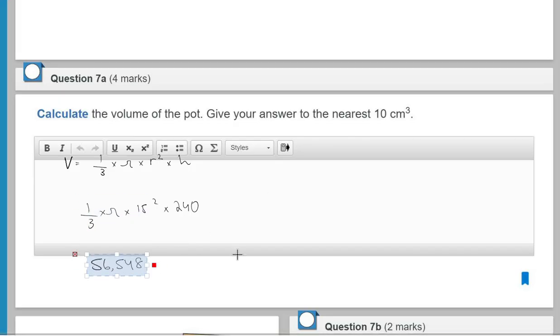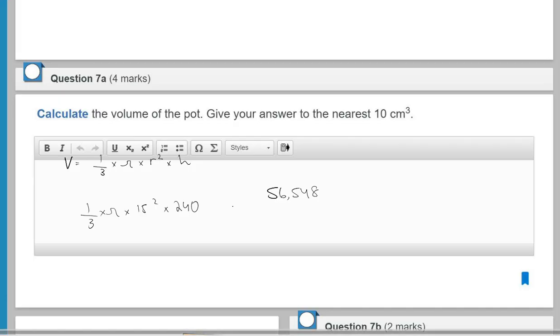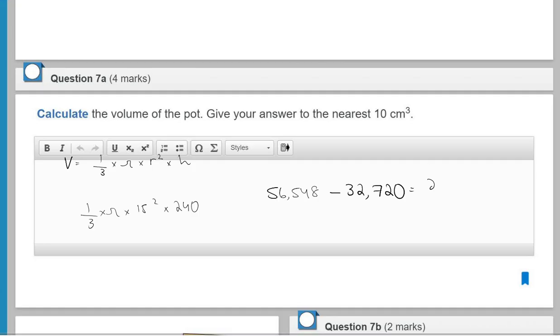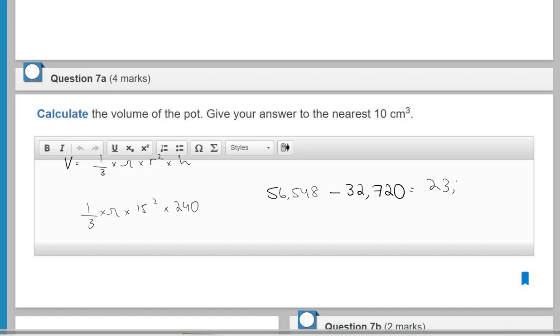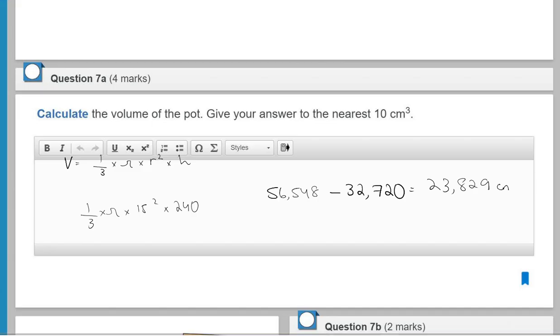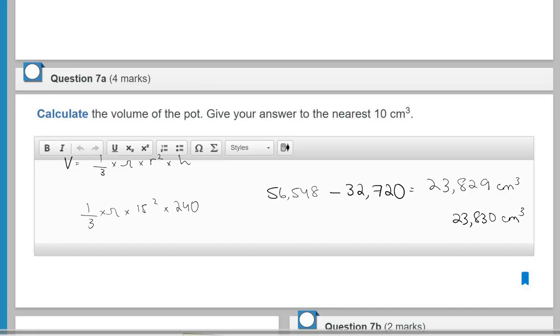We are simply supposed to subtract 32,720 from that answer, and we will get the answer of 23,829 to the nearest cm cube. I think to the nearest 10 centimeter cube, this is going to be 23,830. You should be well aware of these estimations.